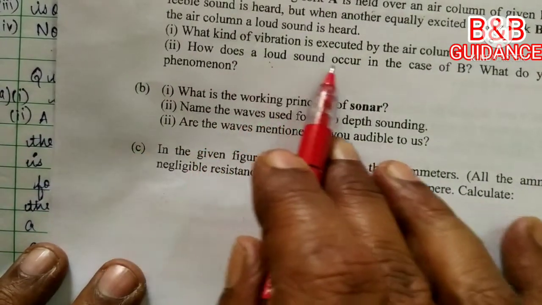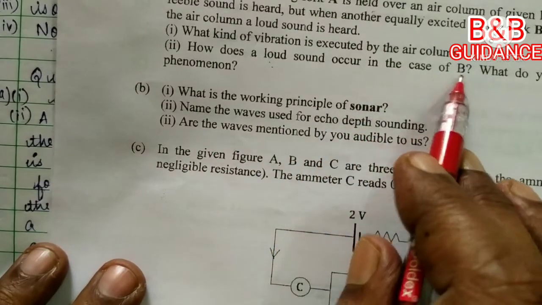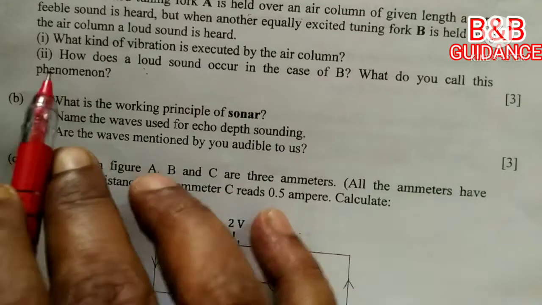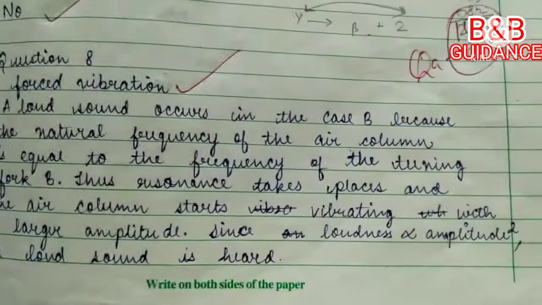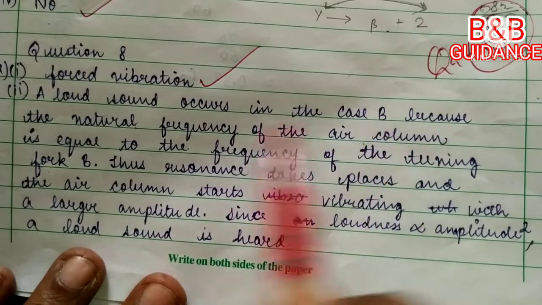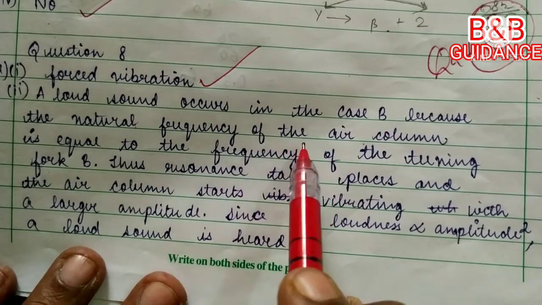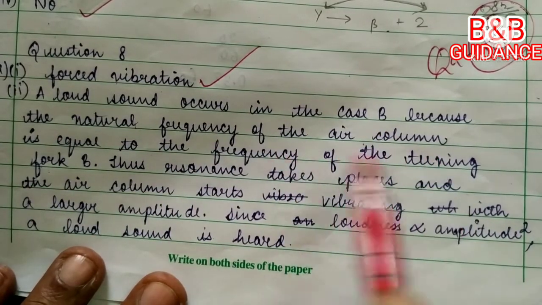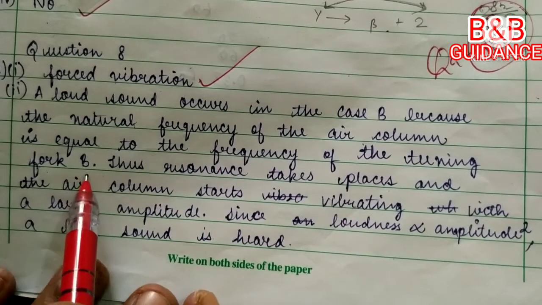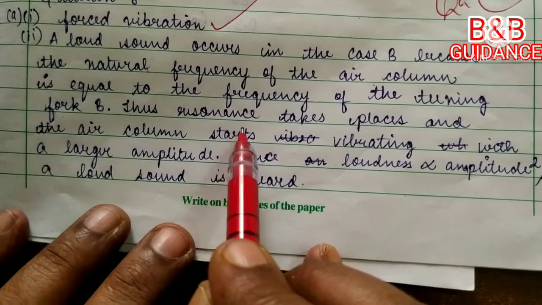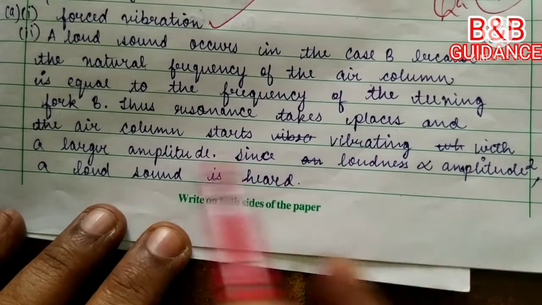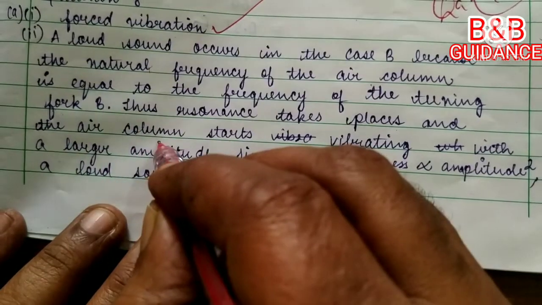How does a loud sound occur in the case of B? What do you call this phenomenon? A loud sound occurs in the case of B because the natural frequency of the air column is equal to the frequency of the tuning fork B. Thus, resonance takes place and the air column starts vibrating with large amplitude.